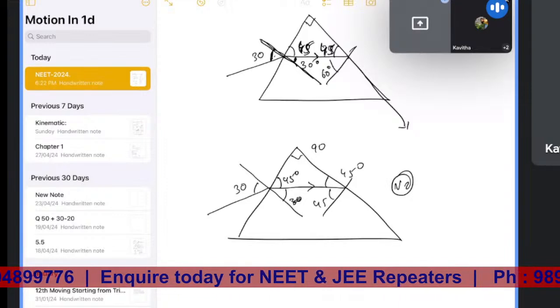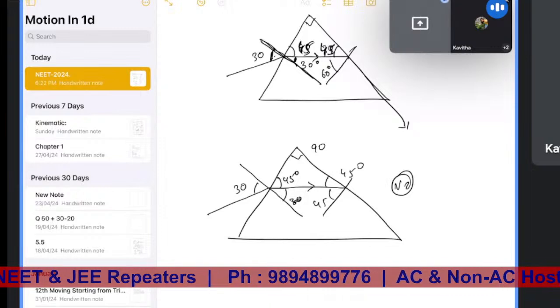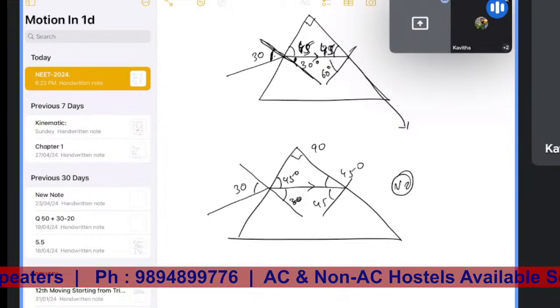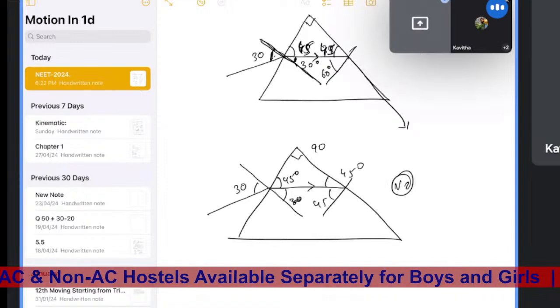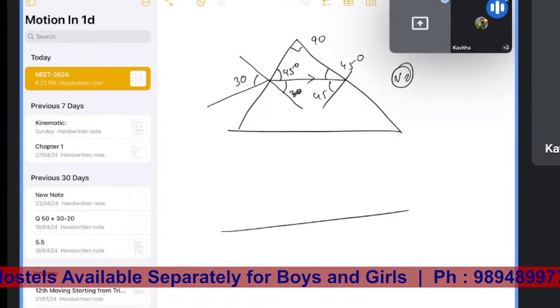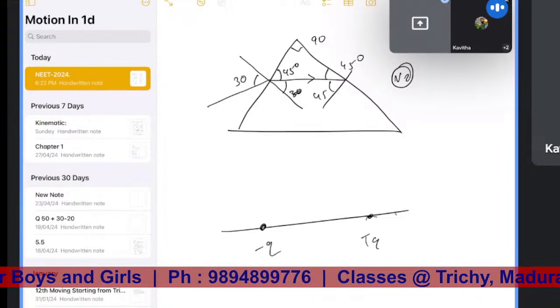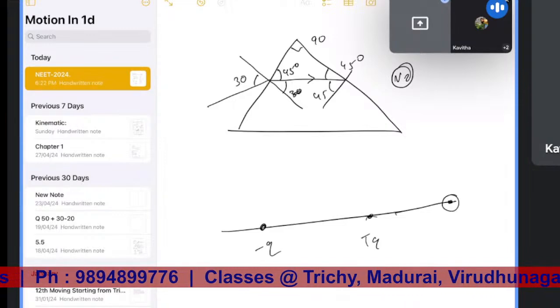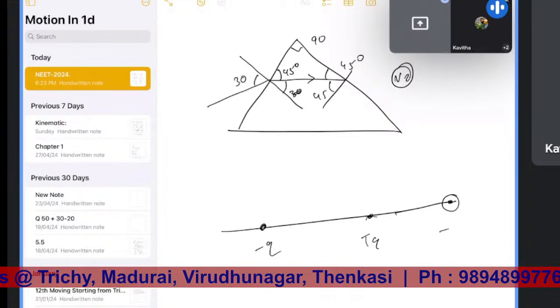Now, question number 16. Here they've given you the potential at any axial point, and then they've given you the formula for potential. Now they've given you plus minus because there are two sides. So this is the minus q, this will be plus q. If you are on this side of the axis, then the potential is going to be positive.